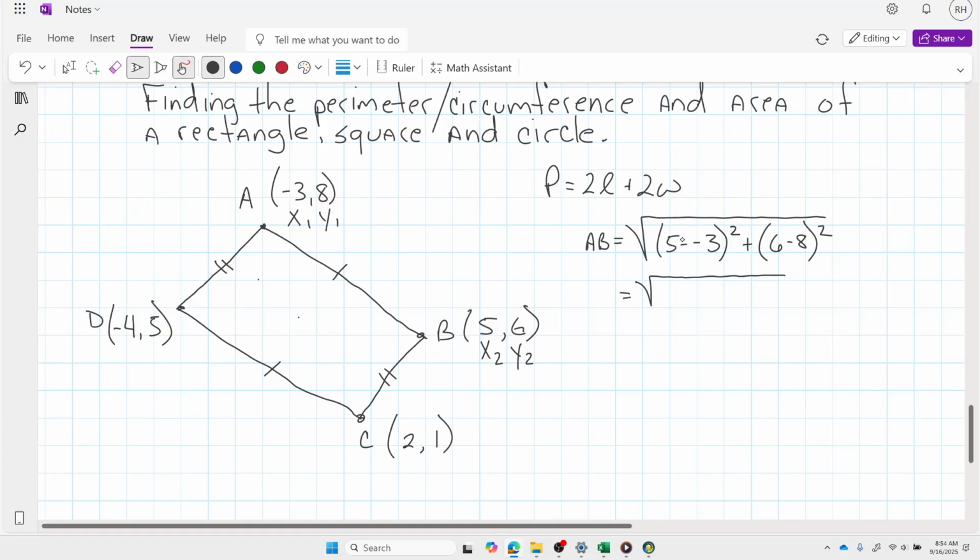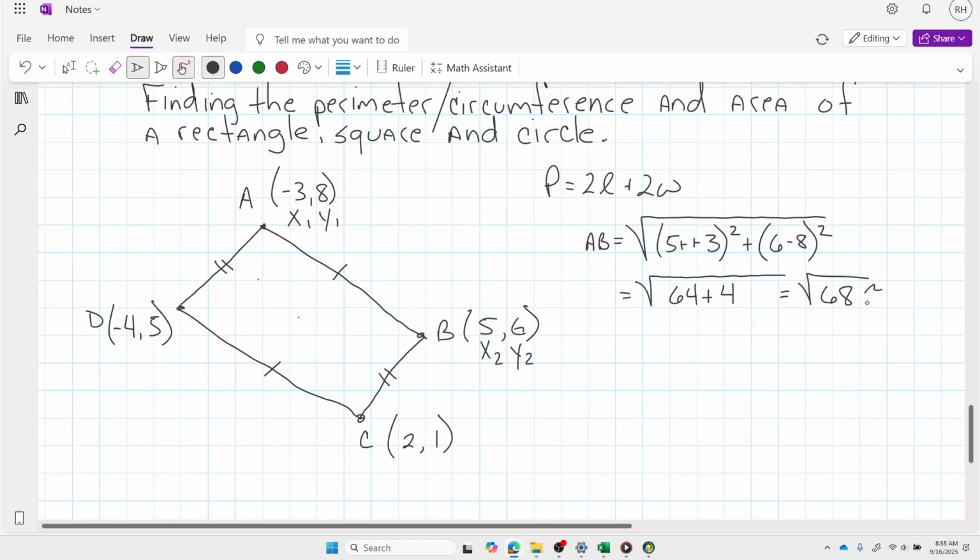So 5 minus -3 is 8 squared is 64. 6 minus 8 is -2, and -2 squared is 4. So we need the square root of 68.